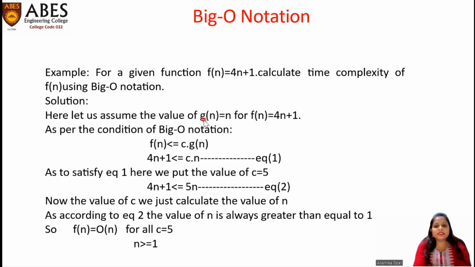So here we consider g of n equal to n square, just like that. Is it clear? So 4n plus 1 is less than or equal to c dot n. That is equation number 1. I hope you understand. Now, to satisfy equation 1, here we put the value of c.